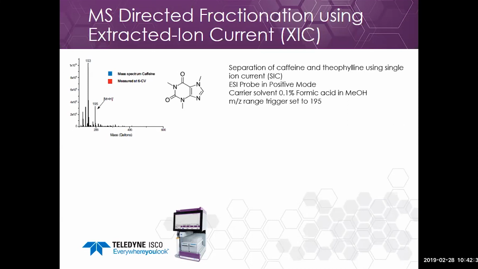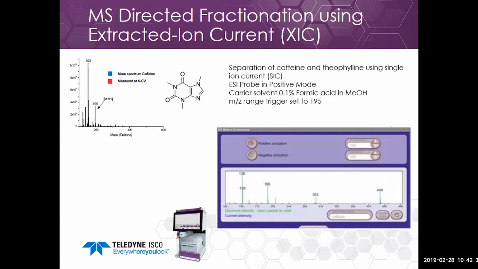We set our mass trigger to 195. When we did our method development, we were able to directly inject into the mass spec and determine which masses would be suitable for detection. In this case, 195, which is the mass of caffeine, was a suitable choice. So we're able to detect based on that.